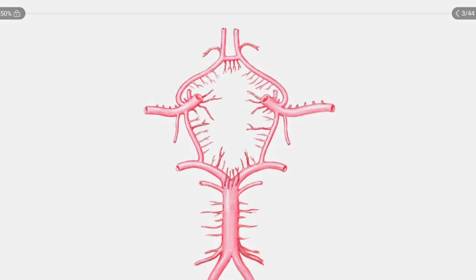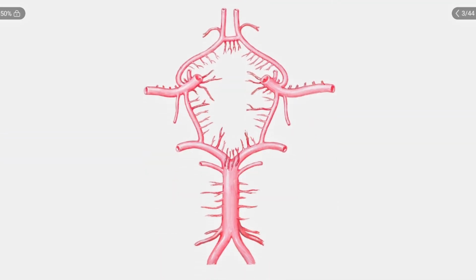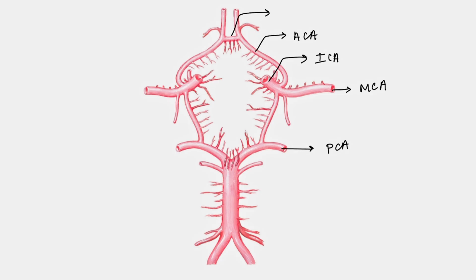Here is an atlas image, so I'll just label it again. This would be the internal carotid artery. This is the middle cerebral artery. Then this is the posterior cerebral artery, the anterior cerebral artery, and this is the anterior communicating artery. This is the basilar artery.